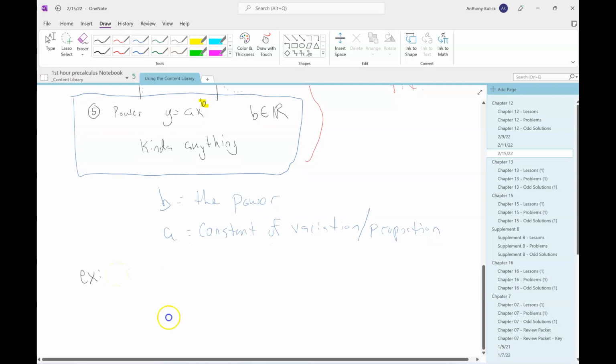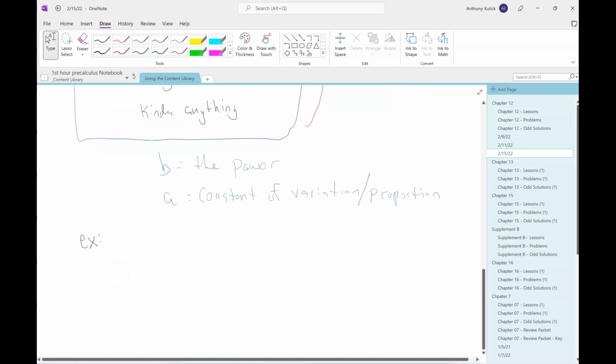So let's just do some examples of things that could be considered power functions and talk about their power and constant of variation. Okay? So I'm going to pick on some geometric examples and some real-world examples. So in geometry, we know that the circumference of the circle varies with the radius.